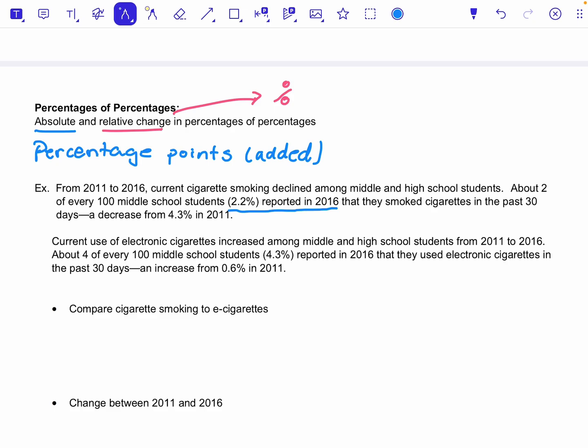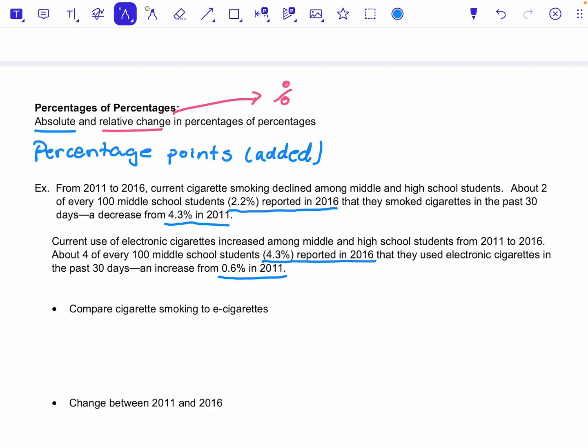That's a decrease from 4.3% in 2011. Then, unfortunately, we have the advent of electronic cigarettes, which in 2016 is now at 4.3%, and it used to only be 0.6%. So we have lots of numbers here that we can compare.